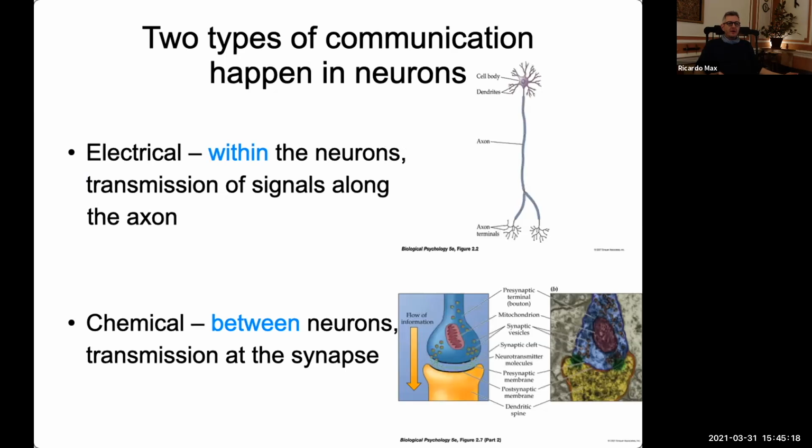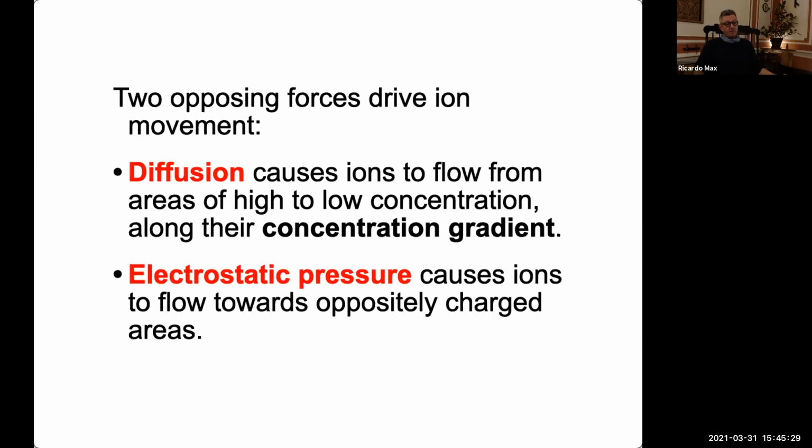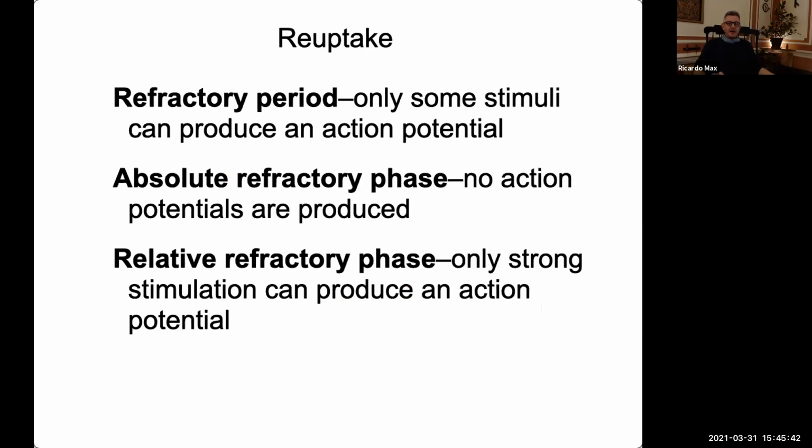Communication is either electrical within the cells, or chemical between neurons, which occurs mostly by diffusion and magnetic attraction or repulsion, which are very simplistic and slow processes. And also not dedicated, it's things that randomly happen in a certain area.